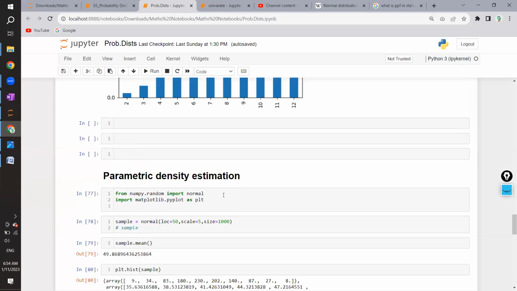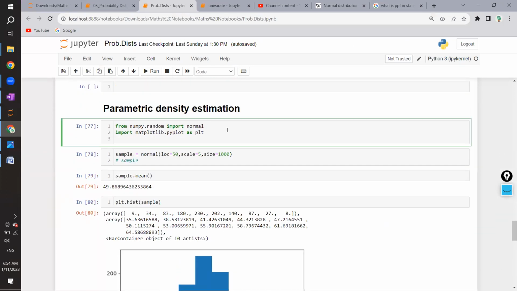For example, in parametric density estimation, let me just run this.